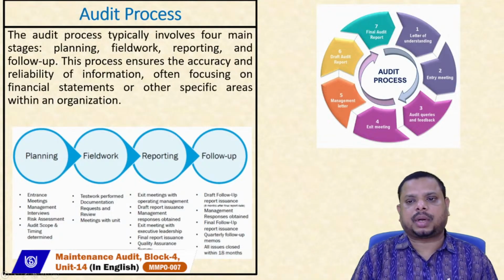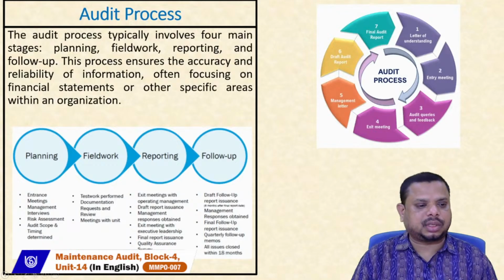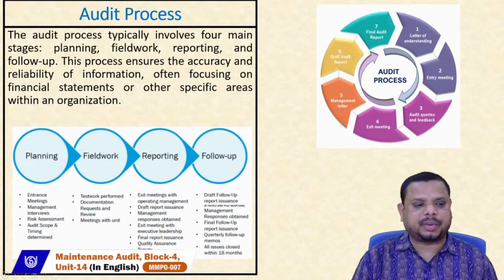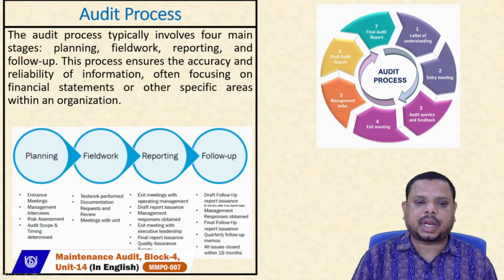Meetings should be conducted with different levels of management, the management interviews should be done by the auditors, and they will go for risk assessment and finally provide the audit scope and timing determinants. So this is all about the planning stage.